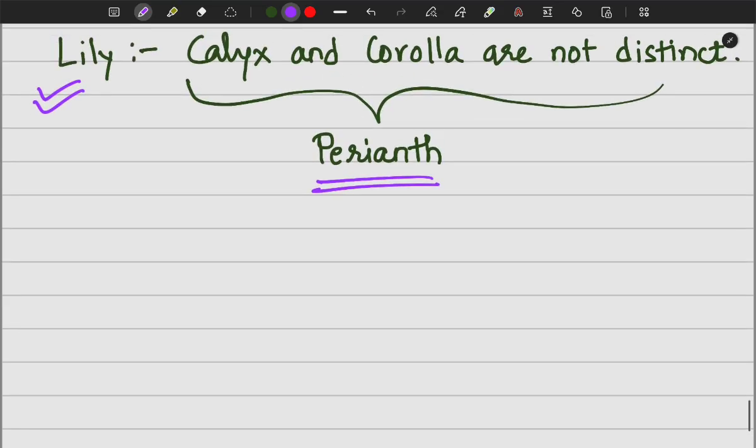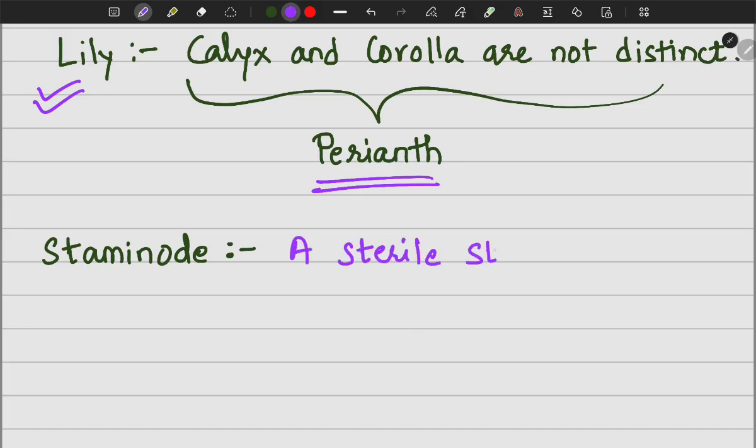So there's a term called staminode. A sterile stamen is called a staminode. A stamen that does not produce pollen grain is called a staminode. So this is also one of the important terms that you should remember.